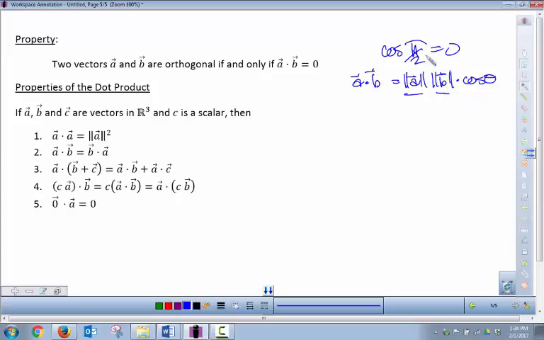So that's going to be an important fact for us to remember, and it's one of the most useful facts that this dot product can give us. Because later on we will be looking at orthogonal or perpendicular properties. Orthogonal, by the way, means perpendicular. You guys get that?